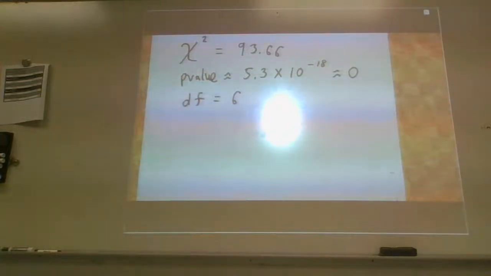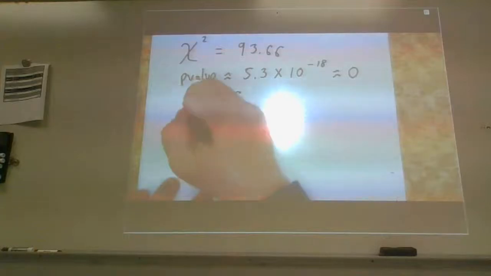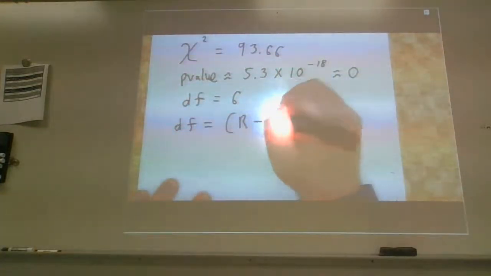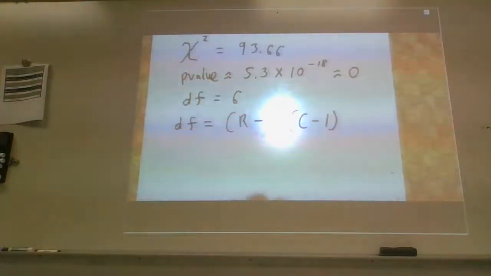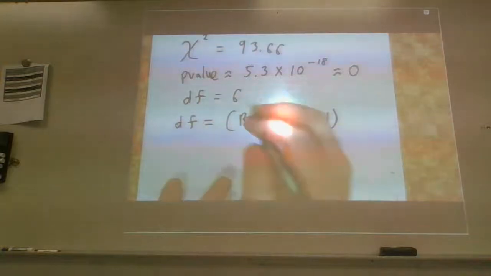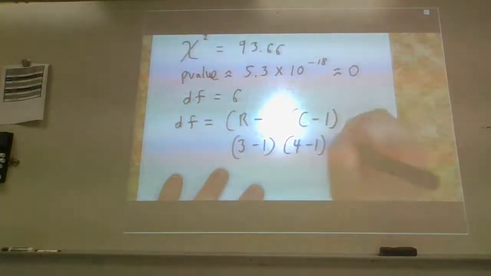But why are the degrees of freedom 6? Well, for homogeneity, degrees of freedom are equal to the following. Rows minus 1, columns minus 1, multiply them together. There were 3 rows. There were 4 columns.